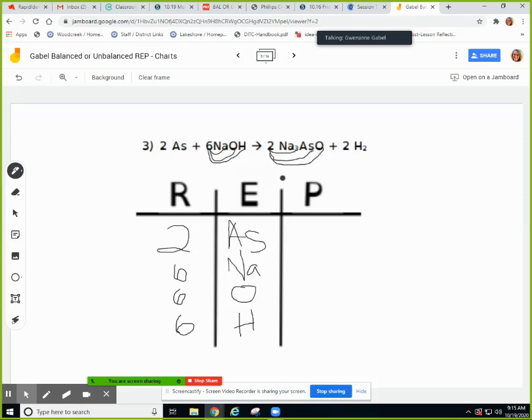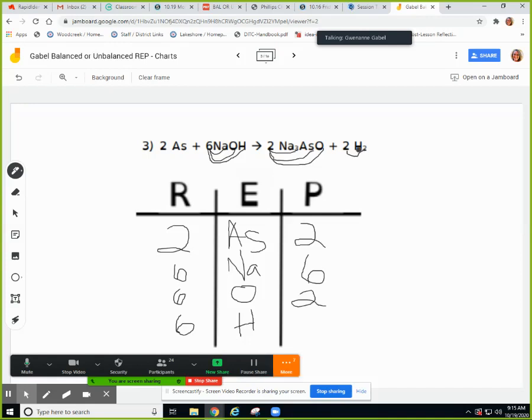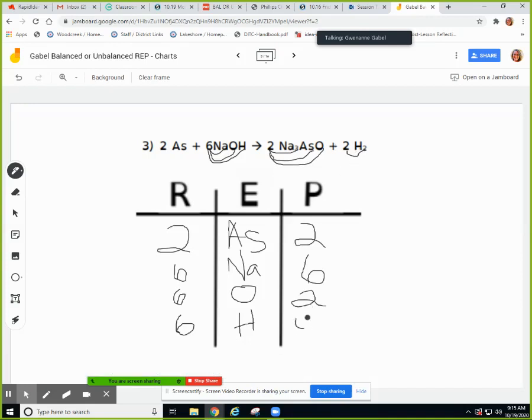So for sodium, I have 6 atoms. For arsenic, I have 2. Oxygen, I have 2. I'm going to distribute my coefficient and multiply it by my subscript. For hydrogen, I have 4. Is this equation balanced?